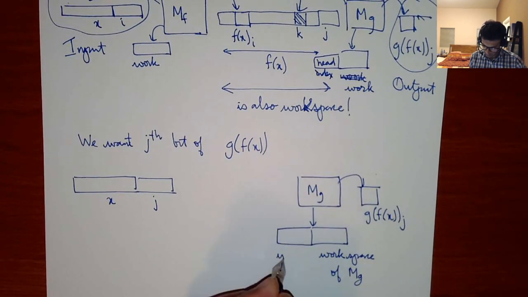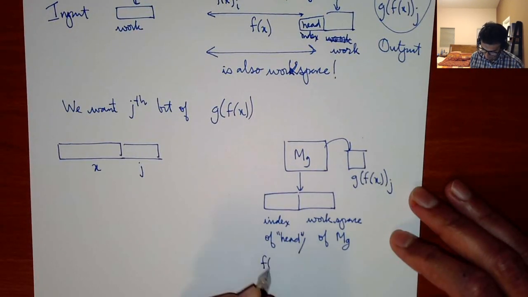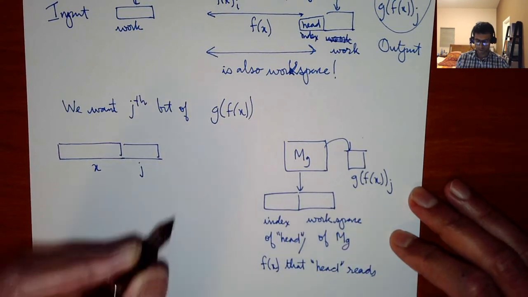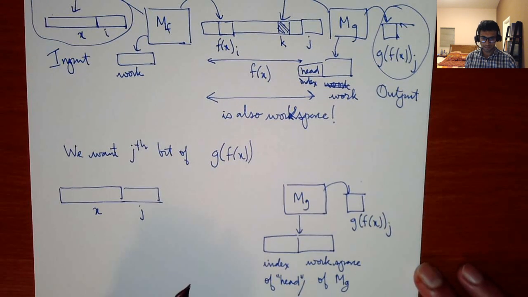This is going to be the index of the head. This is not the real head. So this is the index of the head, or you can think of it as the index of f of x that the head reads. And I put head in quotes because this head is actually not even going to be reading that.